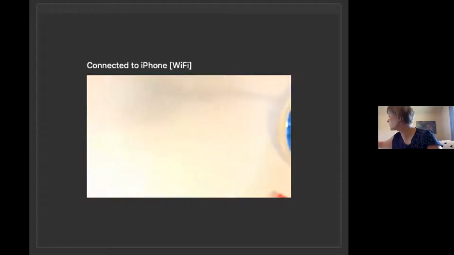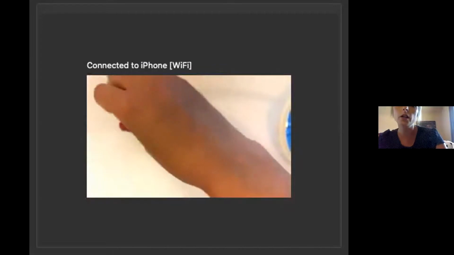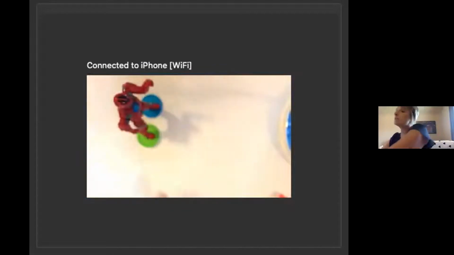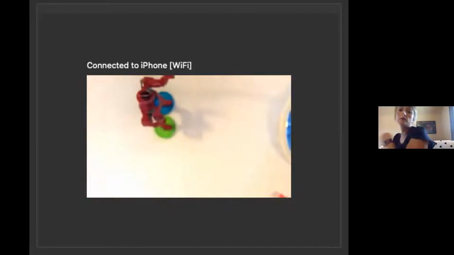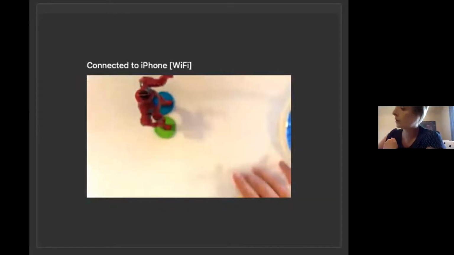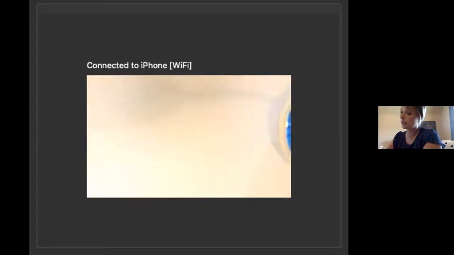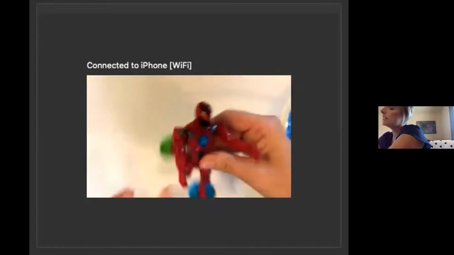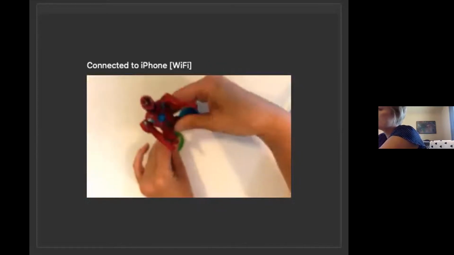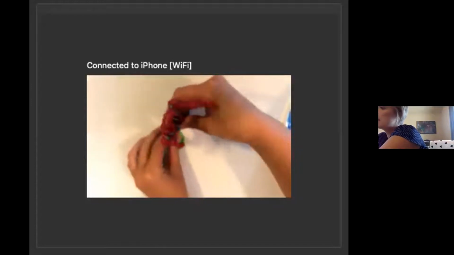Then we have the other action figure. I hot glued buttons to the bottom so he'll stand up. Because how many of these guys have you tried to have your kids stand up and they just fall right over and then they get frustrated? He can still move his arms, his knees, and all kinds of things, so he can get in different positions, but he stands.